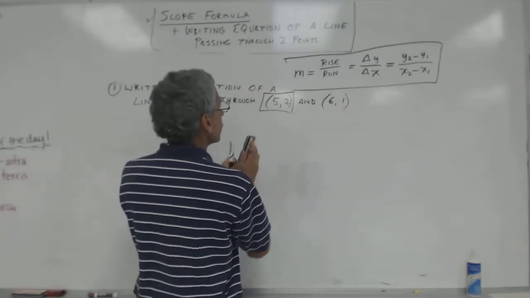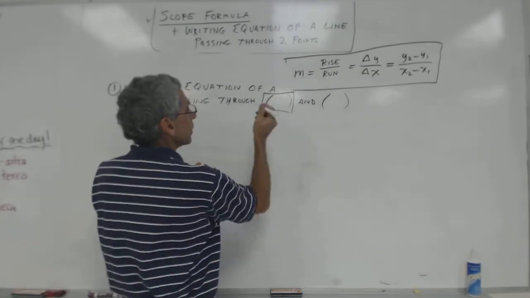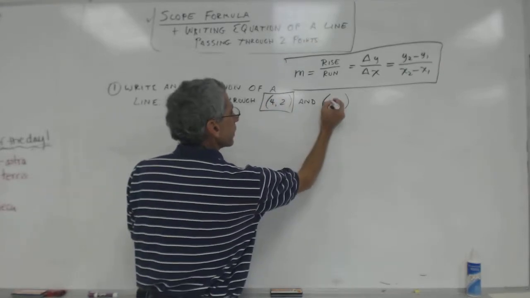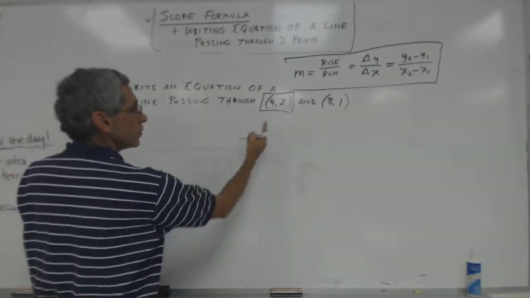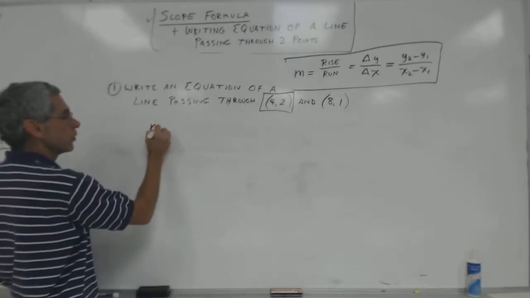All right, so now we're going to just change these points. And let's try 4, 2, and 8, 1. All right? So that is still my bigger y, so I keep it. So I'm going to find my slope first.